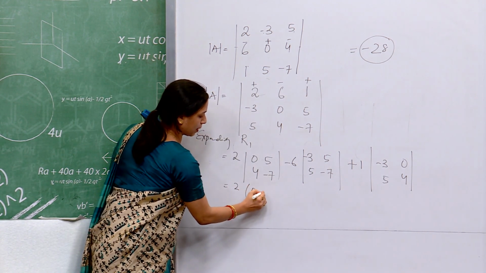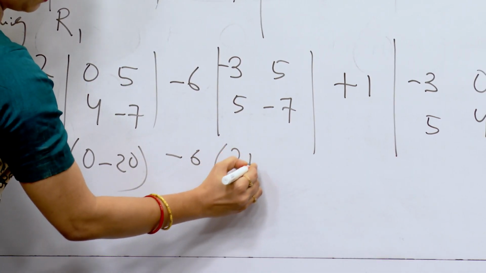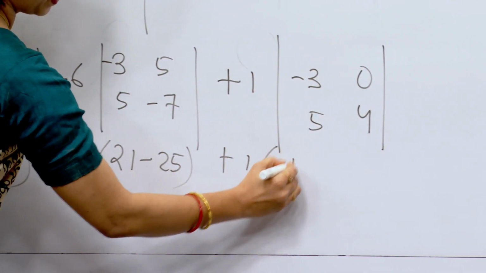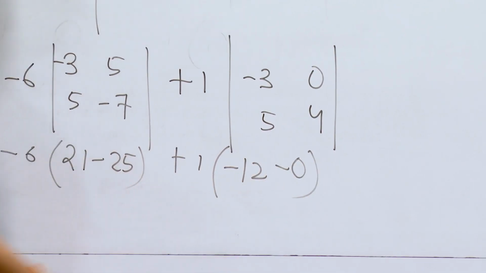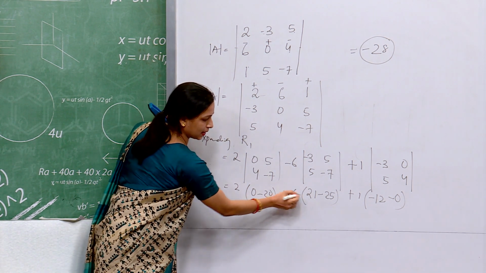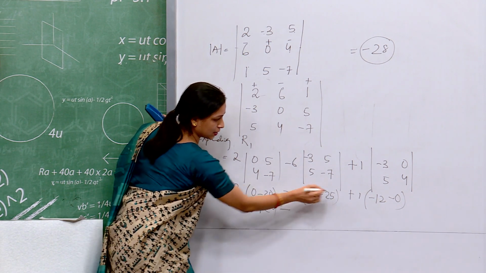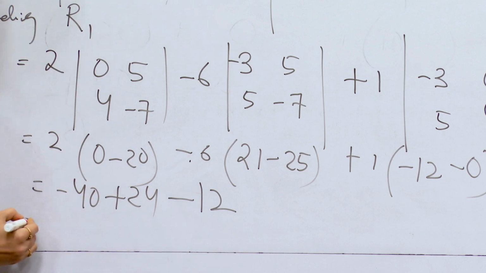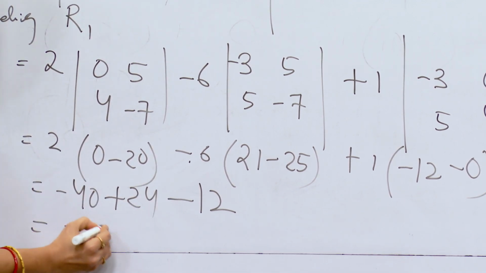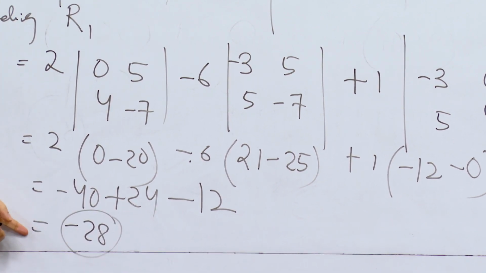We do the calculation, minus 20, here we get 21 minus 25, here we get minus 12 minus 0, right. So, here we get minus 40, minus 6 into minus 4 plus 24, plus this is minus 12. So, again the result you can see minus 52 plus 24. So, the result is same, right. So, here the property is hence proved.